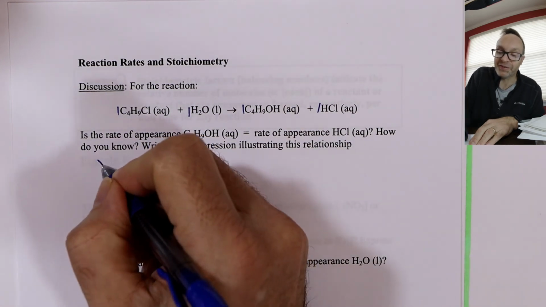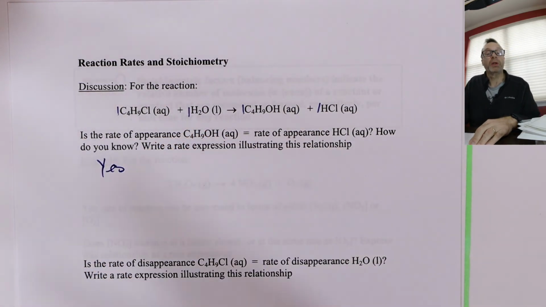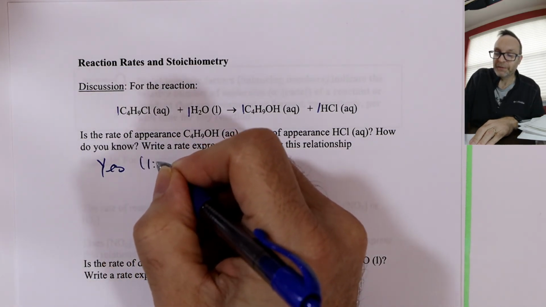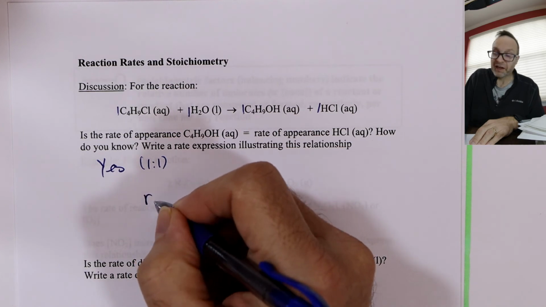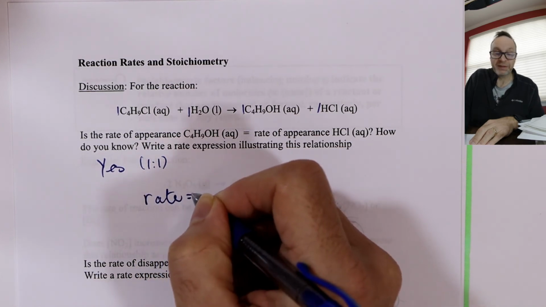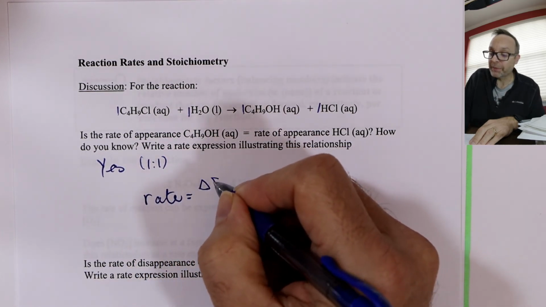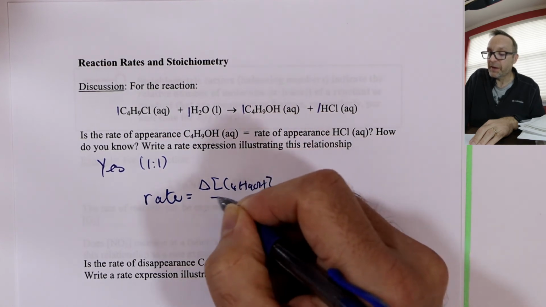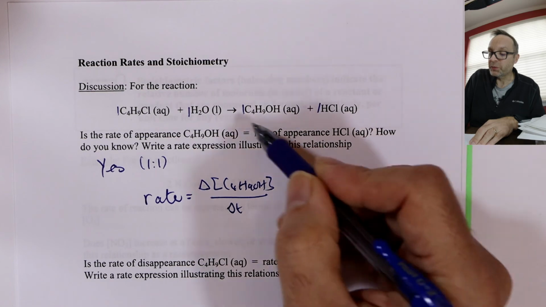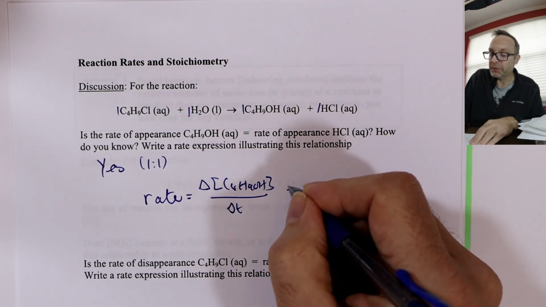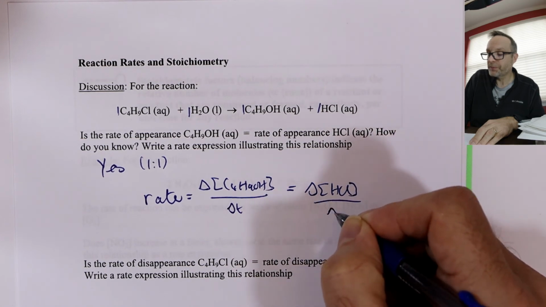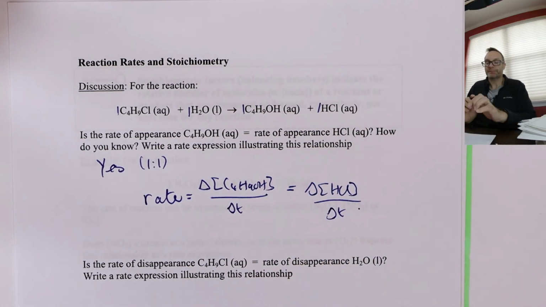The answer is yes, because it's a 1-to-1 stoichiometry. So the rate with respect to the appearance of C4H9OH, because it's 1 to 1, equals that one. Fair enough.